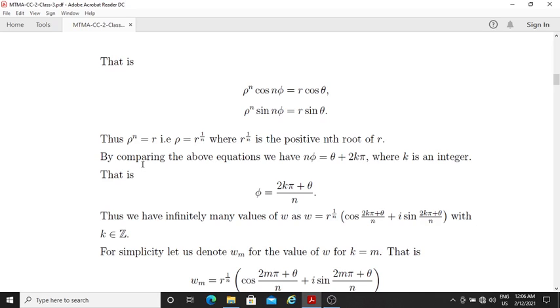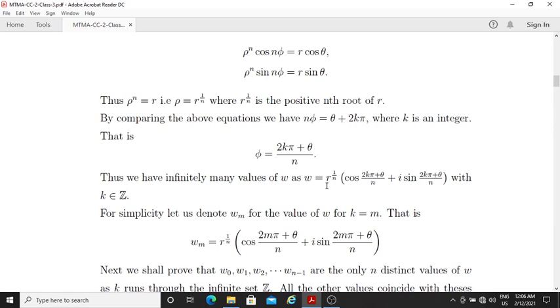So there are infinitely many possible values of n psi, theta as well as theta plus 2k pi, where k runs over the integers. So psi has infinitely many values, that is, psi is (2k pi plus theta) by n. So there are infinitely many possibilities for psi. Thus, as psi has infinitely many possibilities, w has infinitely many possibilities.